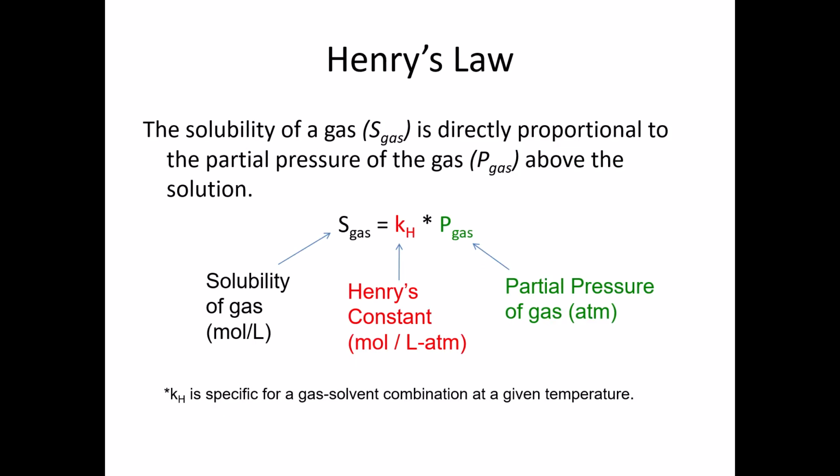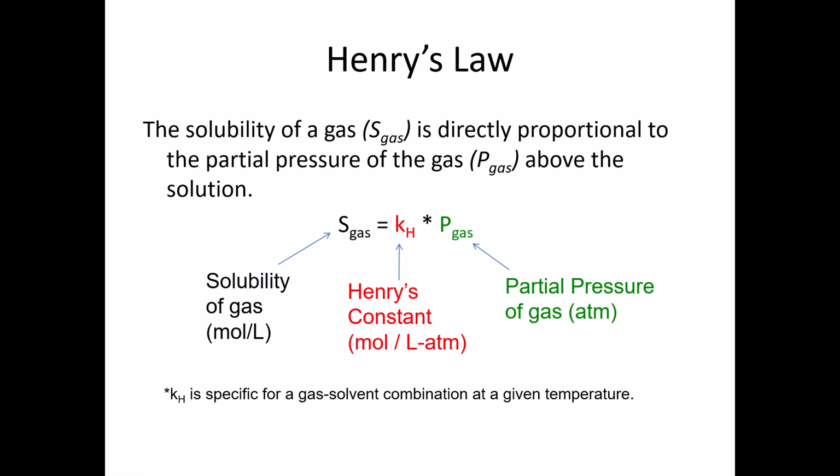Henry's law is a way that we can use to determine the effect that solubility and pressure have with one another. And it's a very simple equation. It says that solubility of a gas, the concentration, is equal to K_H, Henry's law constant, a proportionality constant.